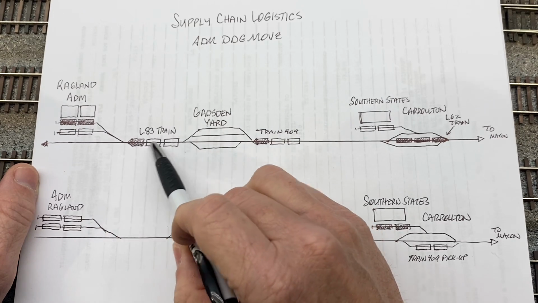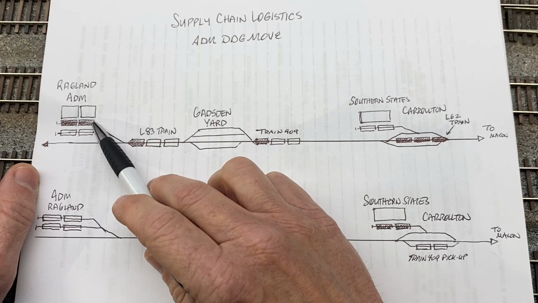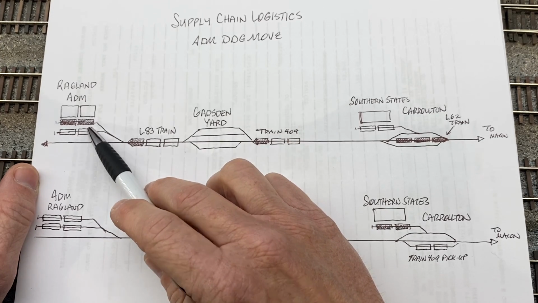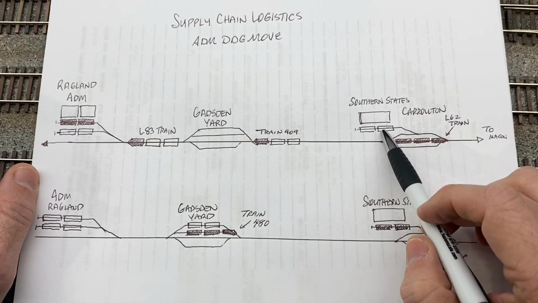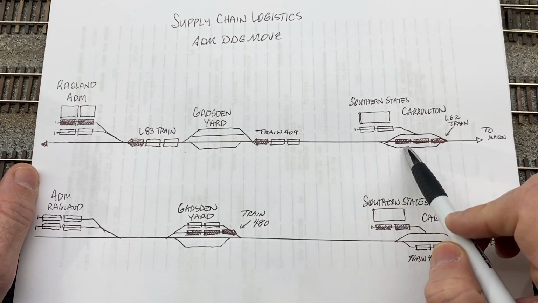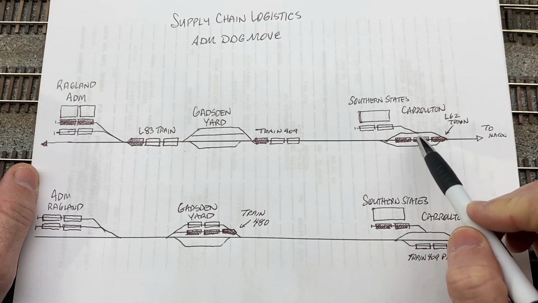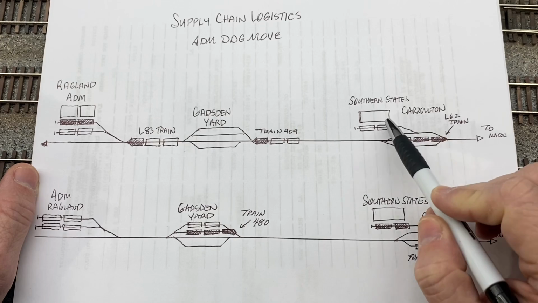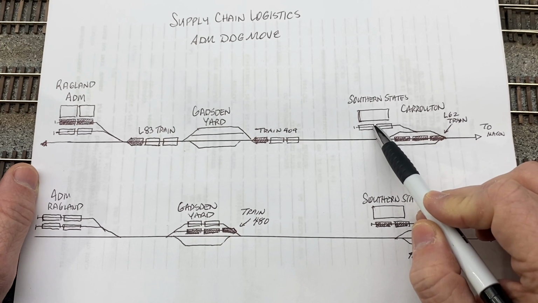So here comes L83, the local out of Gadsden. It has 2 empties to replace the 2 loads that are at ADM. Now, if you look back over here at Southern States, they have 2 empties that are ready to be pulled, and train L62 has 2 loads that had arrived previously that are ready to take their place. So they'll place the 2 loads in exchange for the 2 empties.